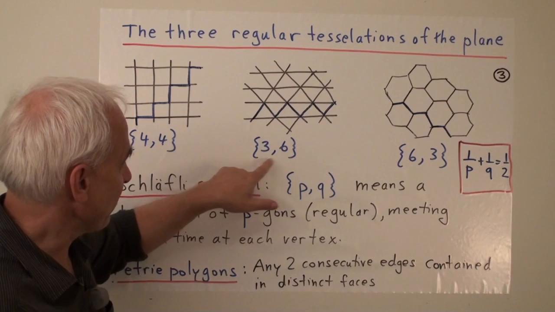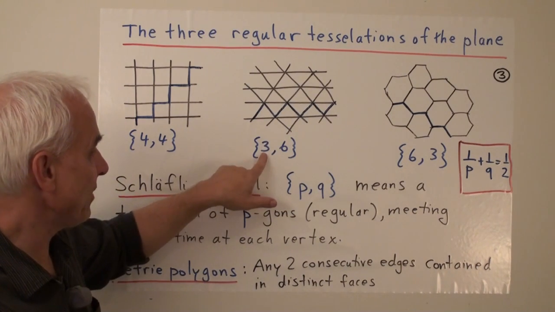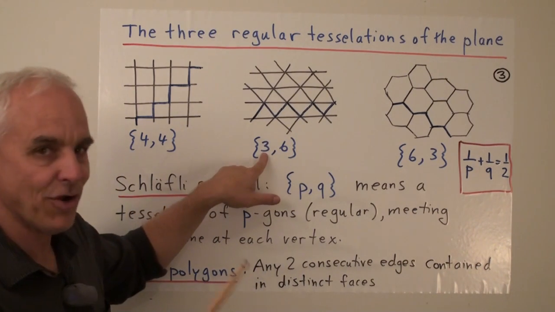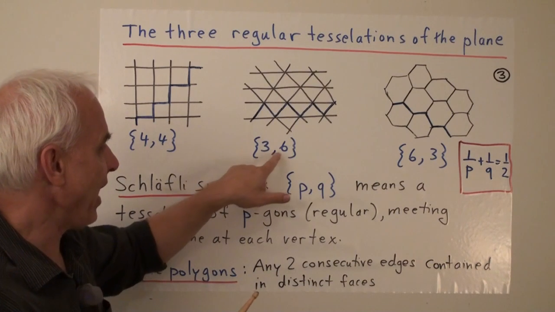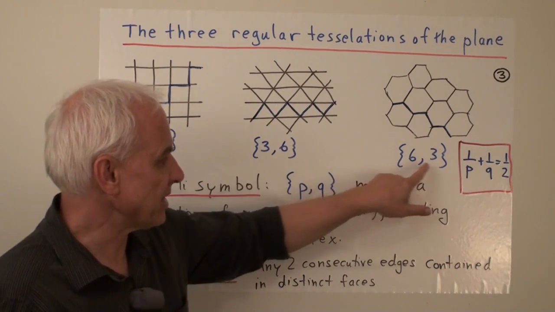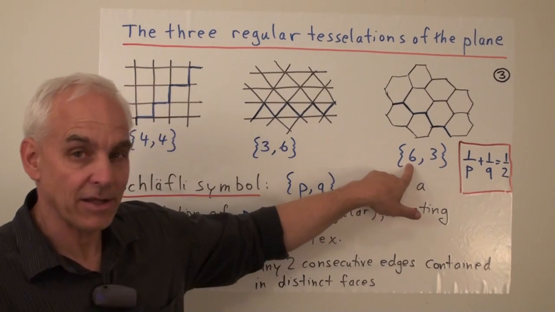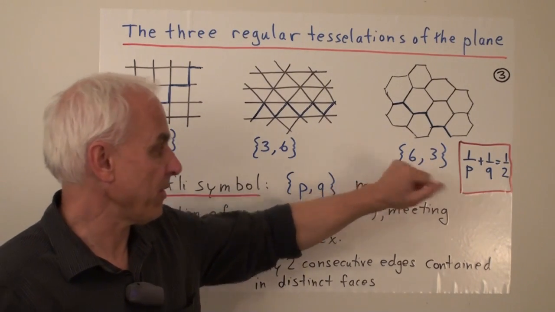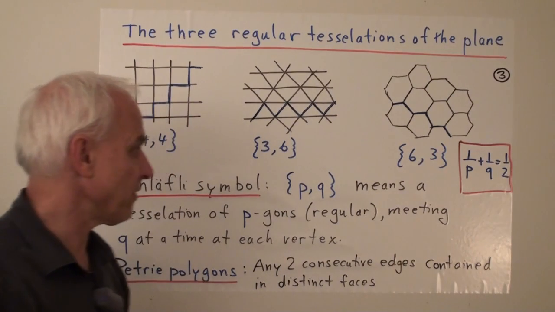This tessellation is a 3, 6, meaning that the tile of the tessellation is a triangle and that there are 6 of them meeting at every vertex. And here this is a 6, 3, telling us that each tile is a hexagon and there are 3 hexagons meeting at each vertex.